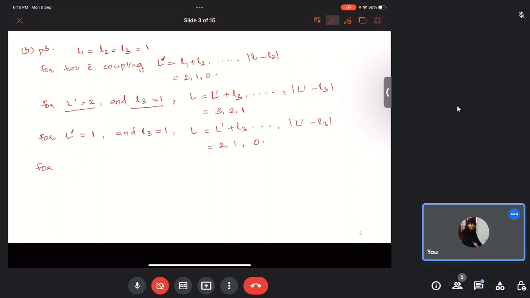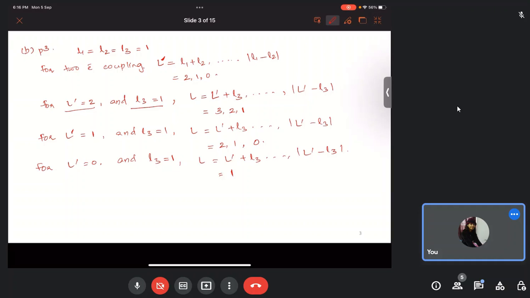And what happens when L prime is 0 and L3 is 1? Then L is 0 plus 1, which is 1, and that is the only term that can arise, right?